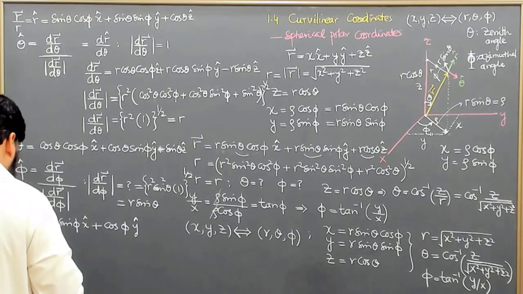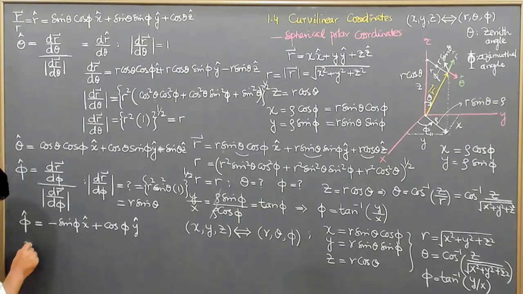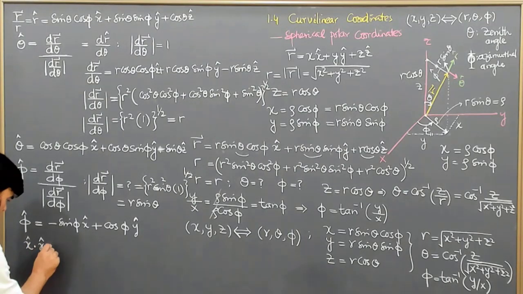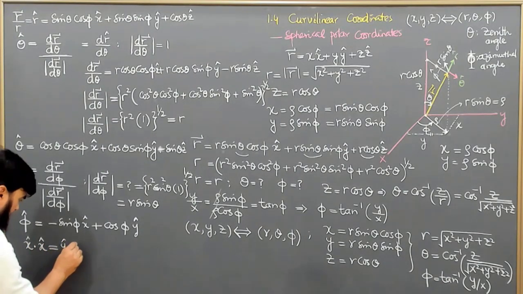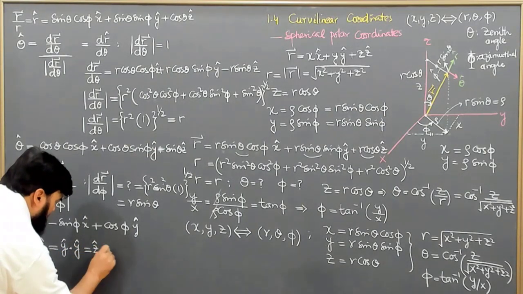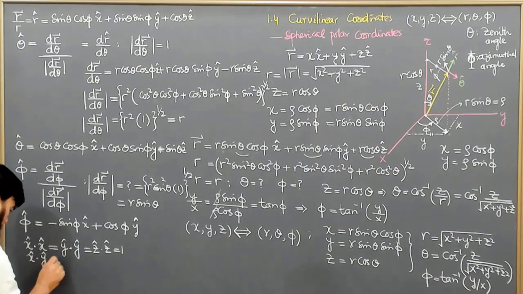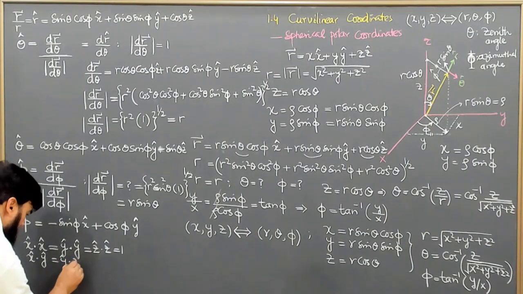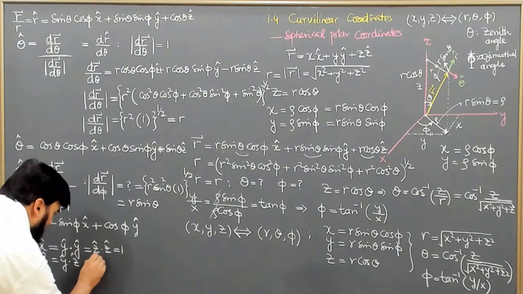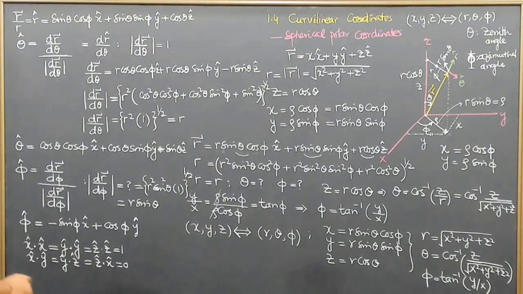Now I can check this like the other unit vectors. For example, the x unit vector dot product with the x unit vector, or the y unit vector with the y unit vector, and similarly z with z, the dot product will always be equal to 1, and x with y, y with z, and z with x will always give us 0, as they are orthonormal.